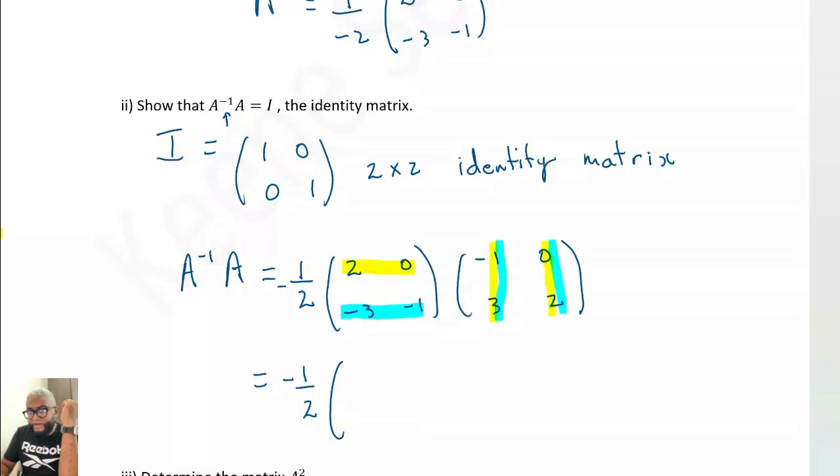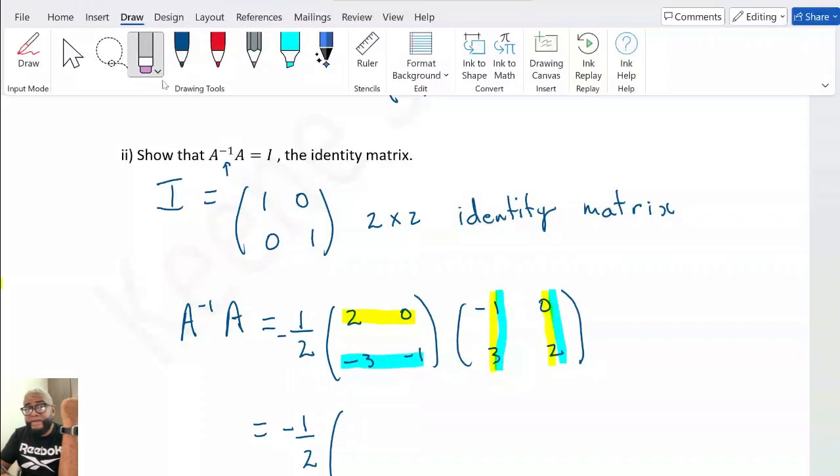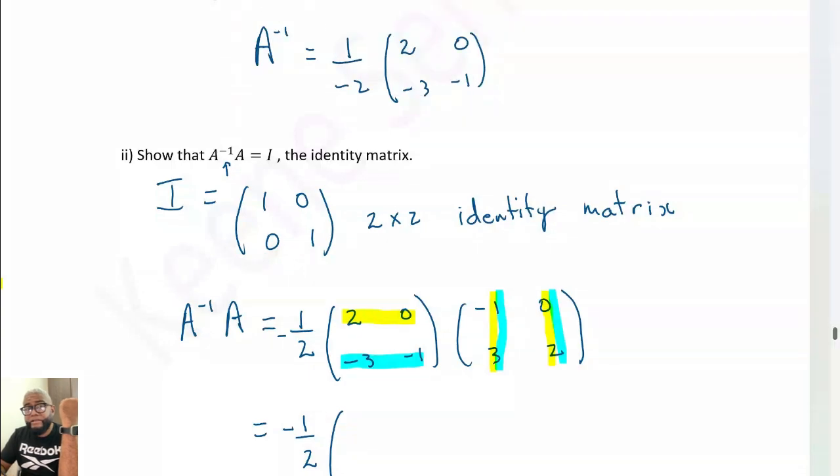Right, so I put back the negative half, which is in front of the brackets. Remember, this was the inverse I wrote here. Look at the inverse above here. The inverse of A is equal to, well, the negative was underneath, but they could establish it as negative half. Because this is like positive 1 here, negative half, so a positive divided by a negative is a negative. That's where I get the negative half from, right?